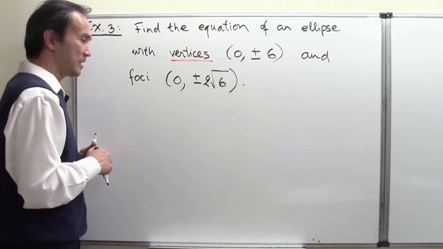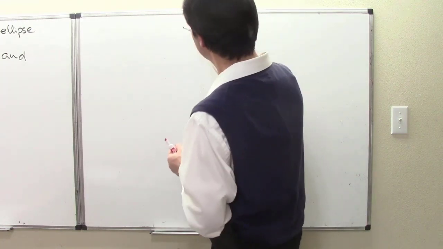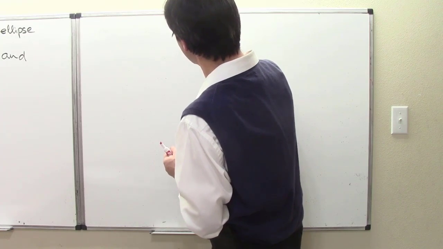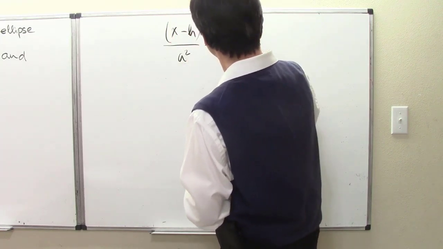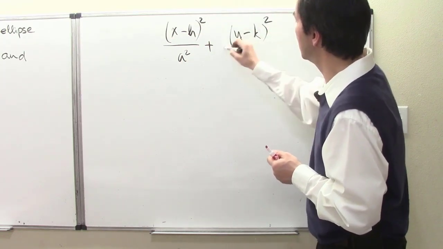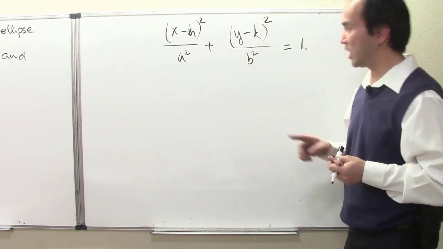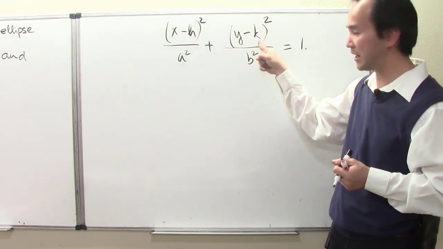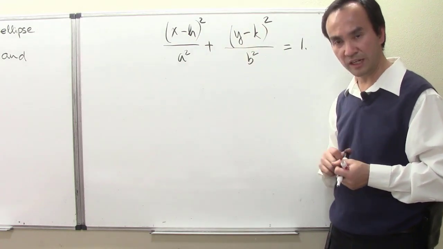So we know that it's an ellipse, but we want to complete the equation. As a reminder, our equation generally is x minus h all squared over a squared plus y minus k all squared over b squared, all equals 1. Once we can successfully identify the value for h, k, a, and b, we're good to go with that equation.